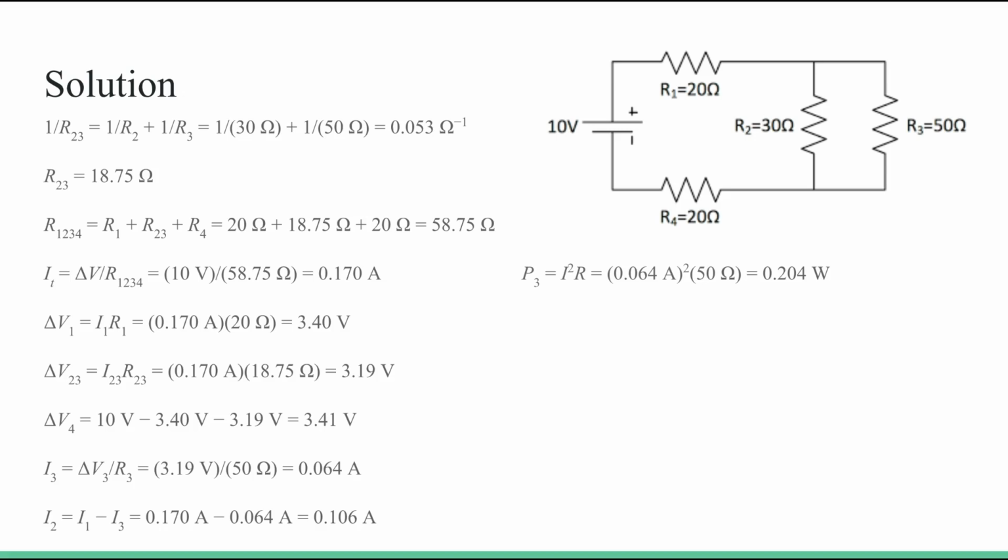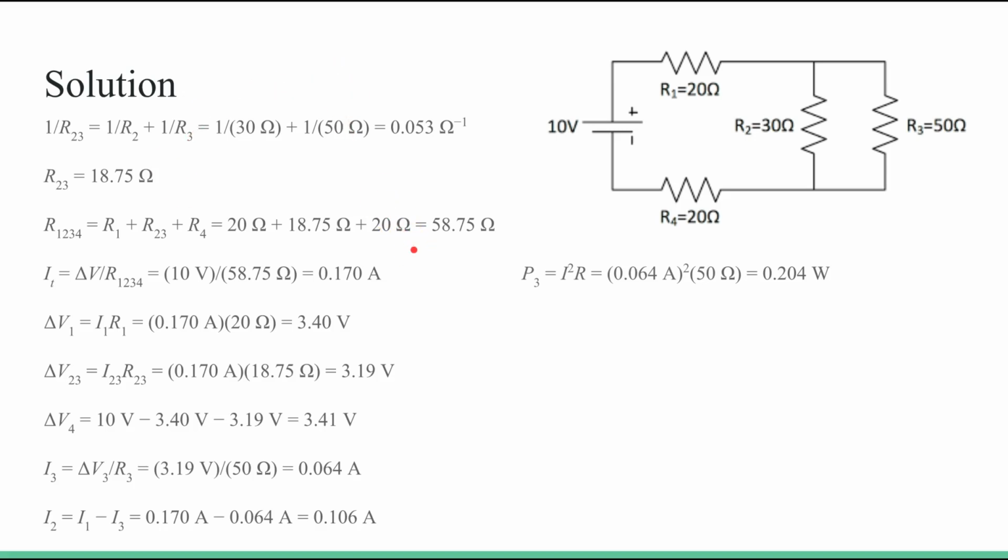So if you want to find the total resistance R1234, that equals R1 plus R23 plus R4, because they're all in series. So 20 ohms plus 18.75 ohms, which is this equivalent resistance, plus 20 ohms equals 58.75 ohms. Okay, so now we've got one resistor, which serves as the equivalent resistance for all of the resistors.